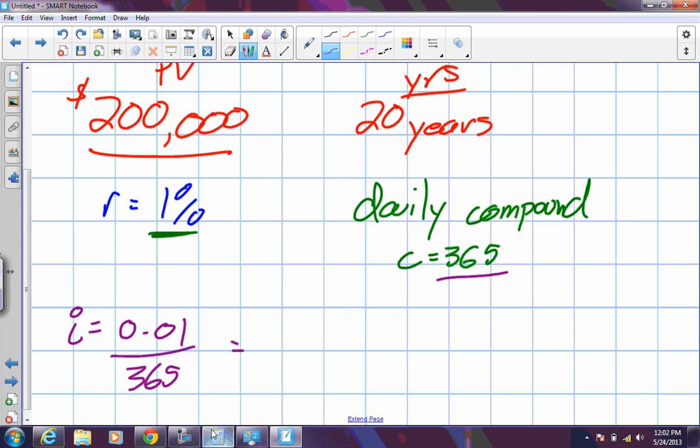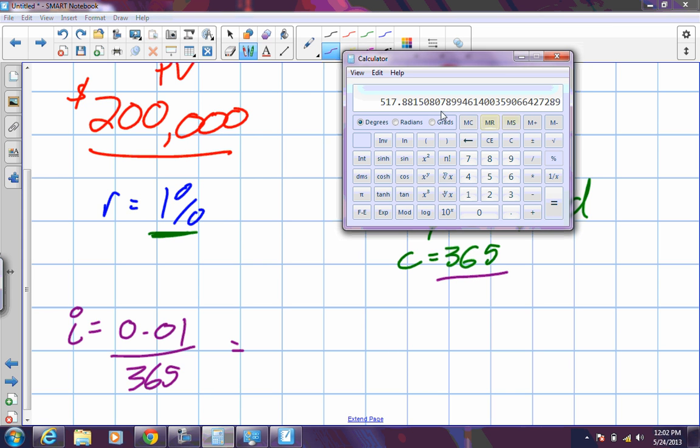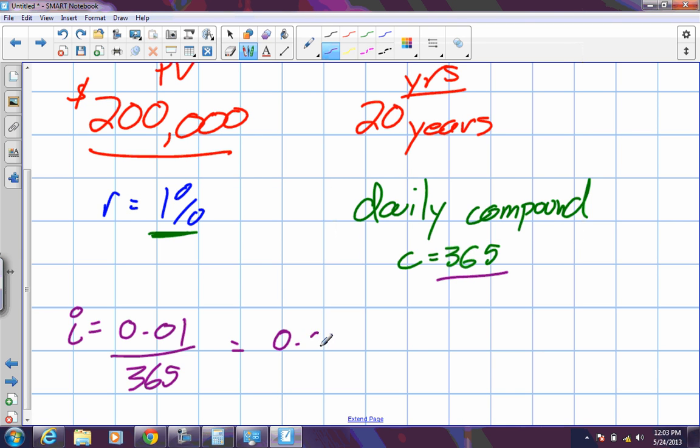If you have a calculator like mine, pay attention, because it may give you a number like this: 0.01 divided by 365 gives e to the -5. In other words, I have to move this decimal 5 places to the left, which means there'll be 4 zeros in front of this 27. So 0.000027, 4 zeros and then 27. That is how much interest we earn every day, which is extremely tiny.